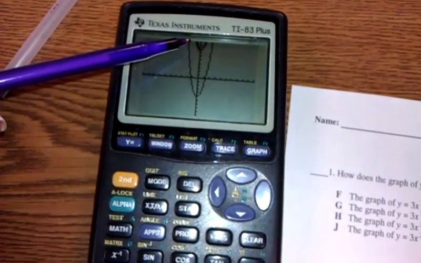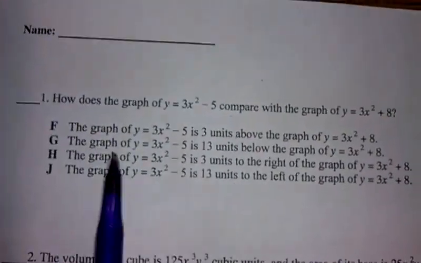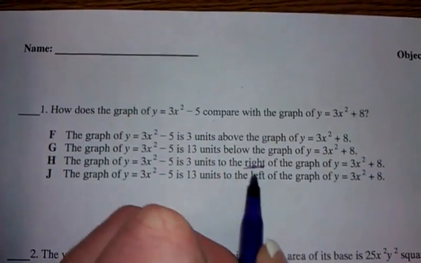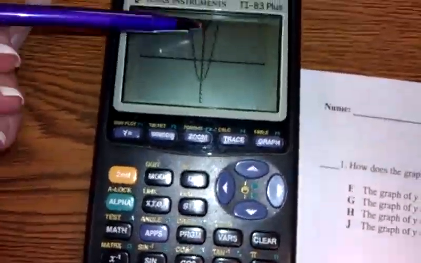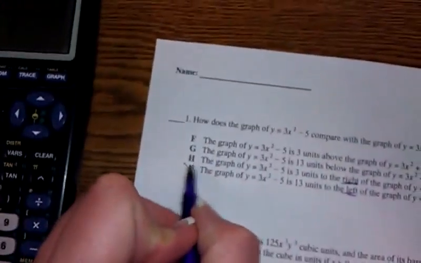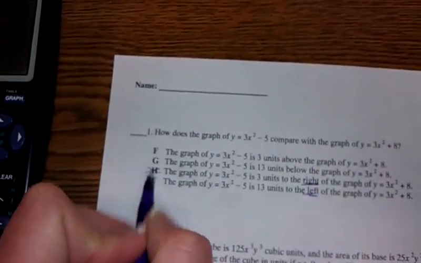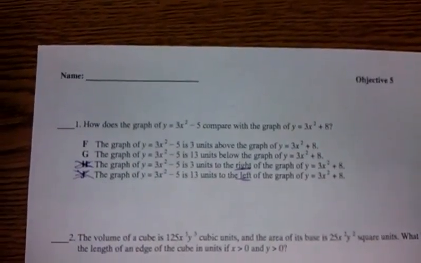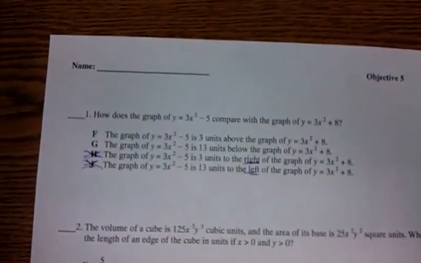If you look at the answer choices, I'm going to skip down to H and J because they talk about moving to the right and to the left. Well, that's not what's happening. One's above and one's below, so it's not those. And remember, when you have 4 answer choices on that test and you cross out 2 of them, that helps you relax so you can focus on the other answers.